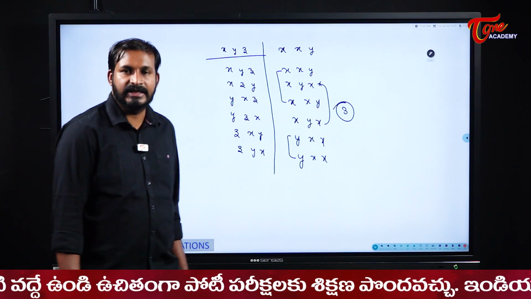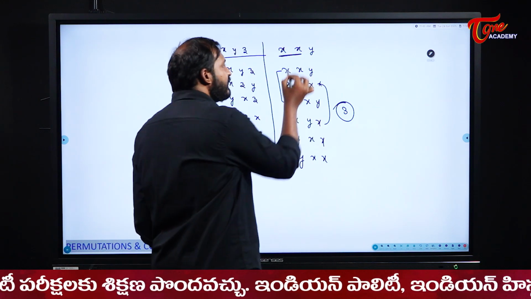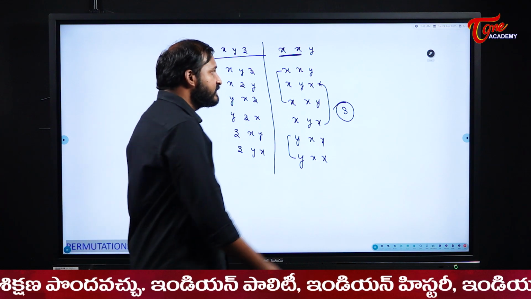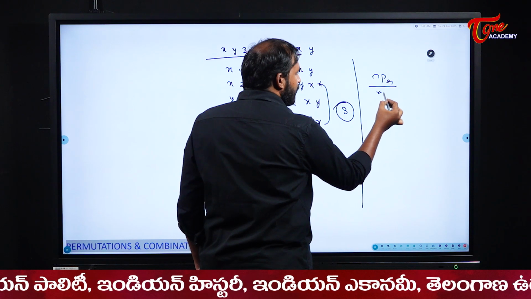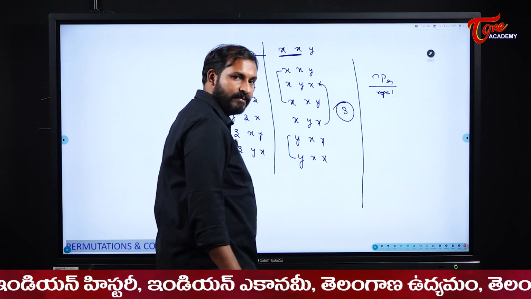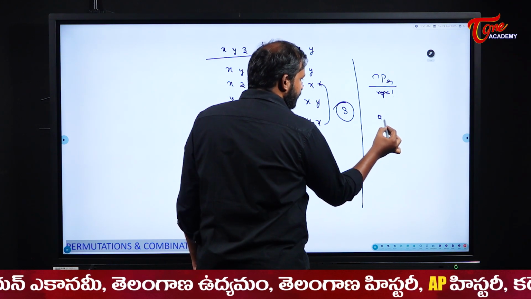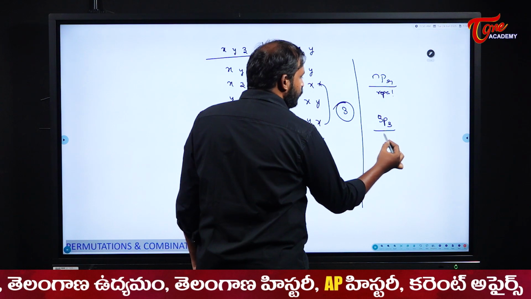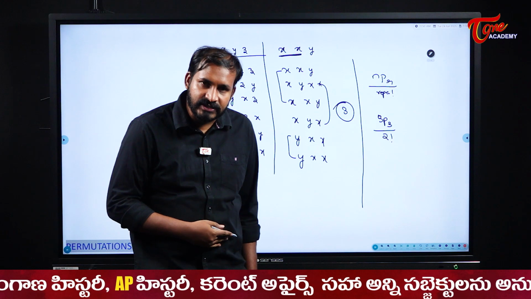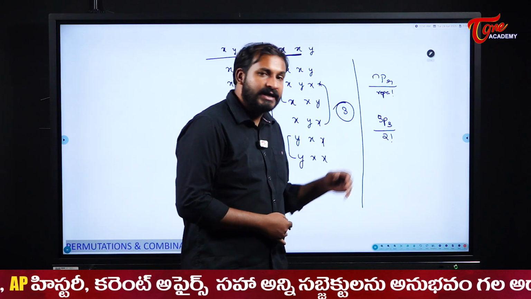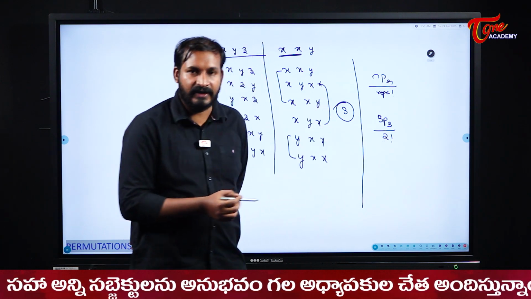So here also the same thing, students. What is the actual concept happening here? How many are repeating here? 2 are repeating, right? As a formula, what you will write is nPr by the number of repetitive factorial. That means here, as usual, 3P3 by 2 factorial. Why? Because X was repeated twice. 2 factorial is nothing but X repeated twice.